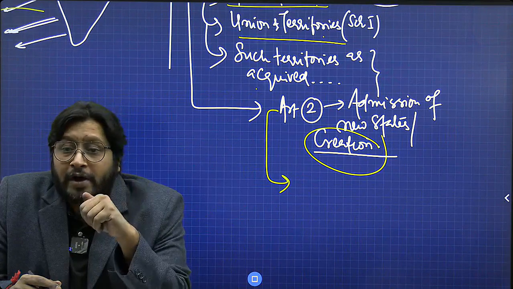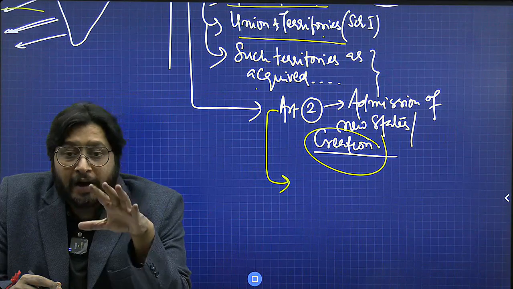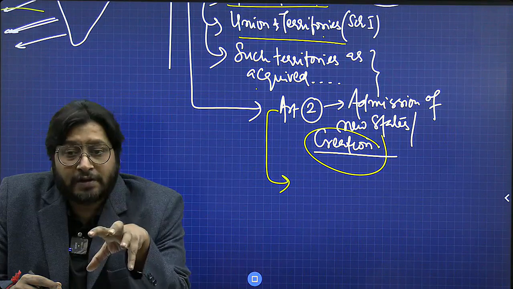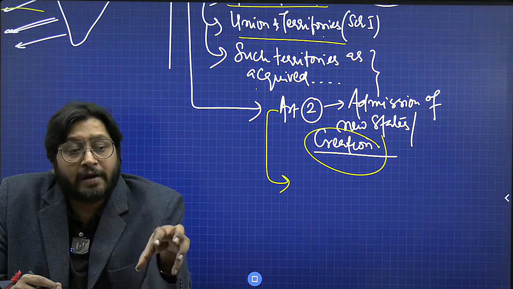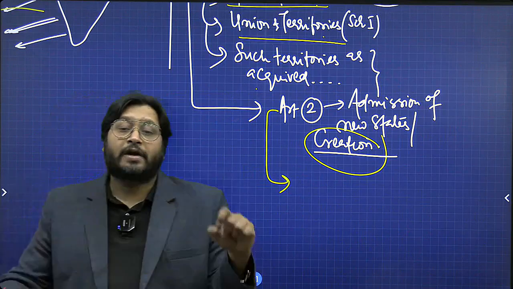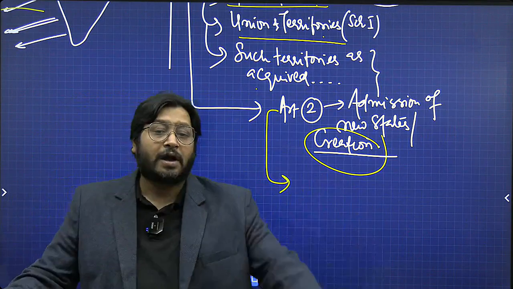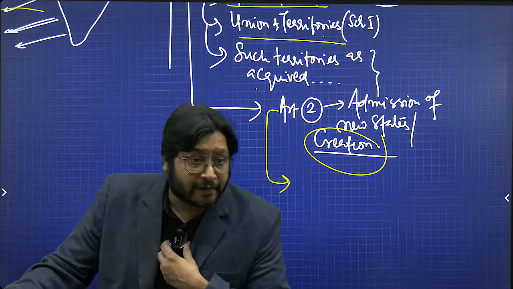Carving out a union territory from the state is okay, right? But degrading, when you see the status of a state, when it is made a union territory, its status degrades. That was the doubt raised. And that is why the Supreme Court said you must conduct elections as early as possible in Jammu and Kashmir. Restore the legislative assembly.